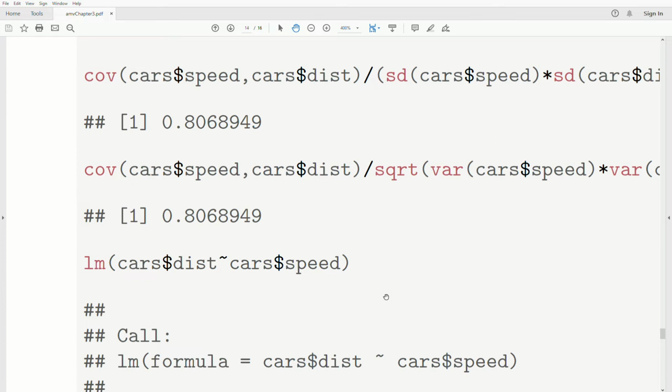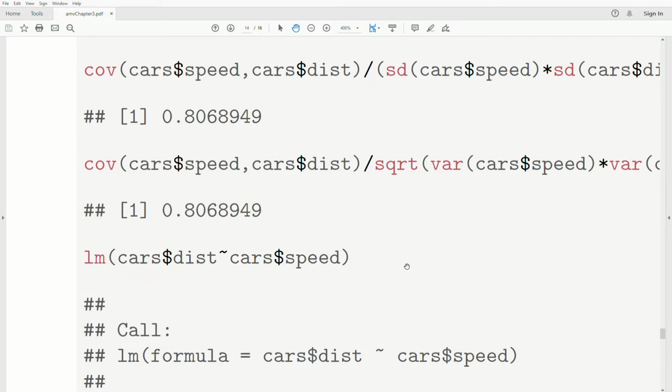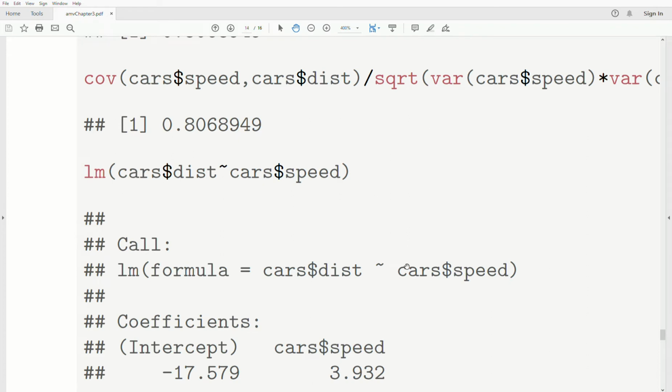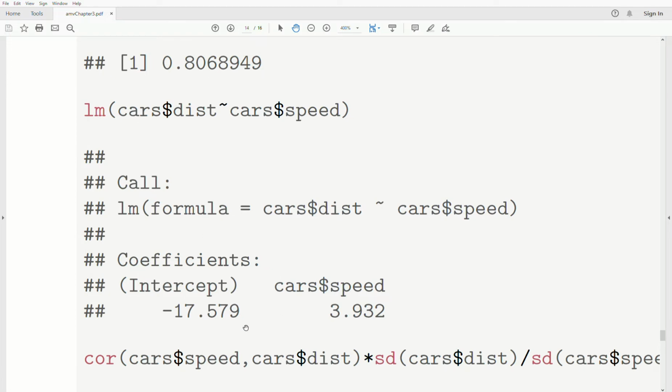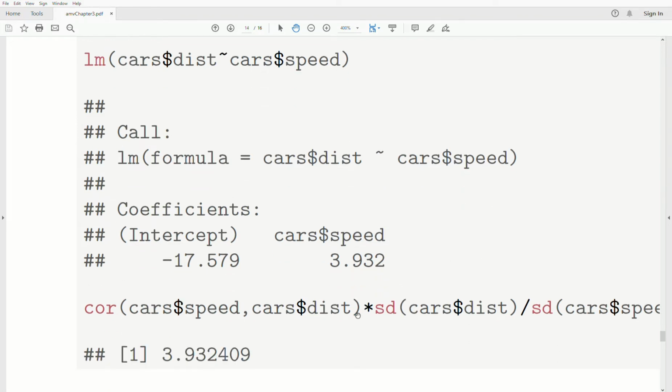But some may wonder why correlation is related to that linear line, and here's a quick illustration of why. If we look at the simple linear regression line, it produces an intercept and a slope. The slope of that regression line is 3.9.